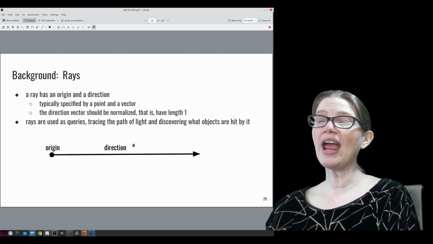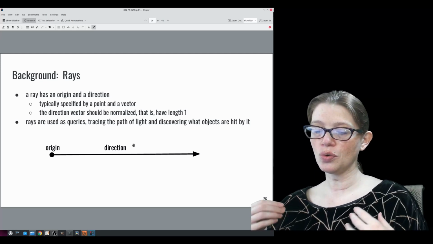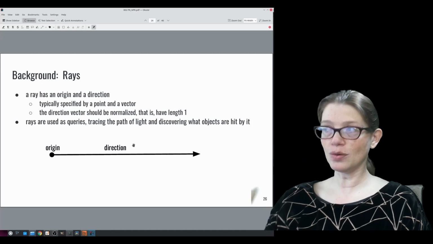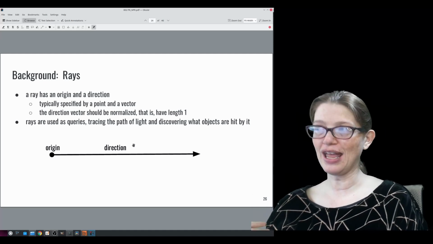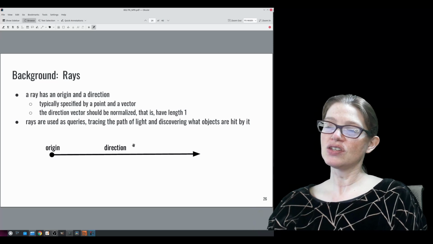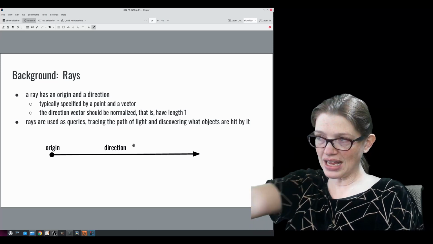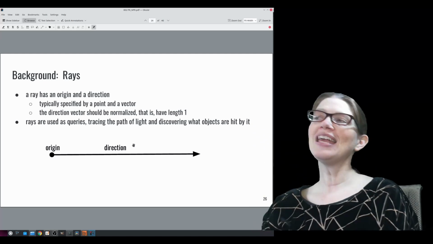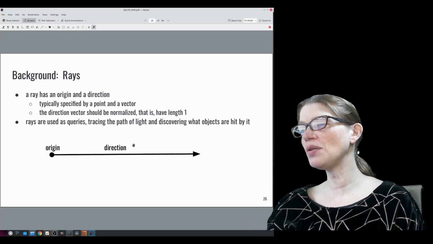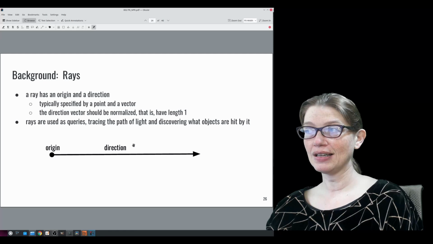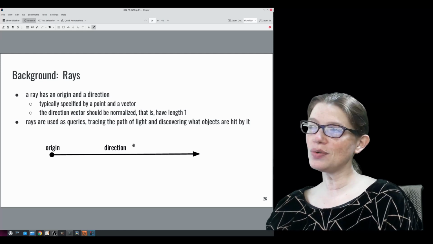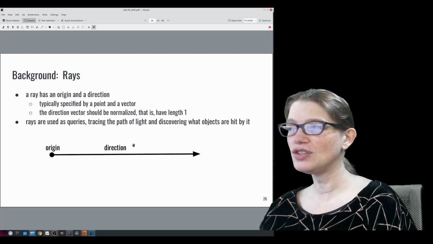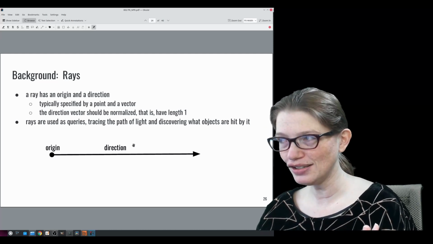Now these rays are used to simulate the light rays in reverse for us, because we're doing ray casting, which goes backwards. So we're coming from the eye and going through the pixel and into the world. In a lot of ways, you could actually consider these rays as queries, because what we're going to do is use the ray to ask the question, do I see anything from this pixel?